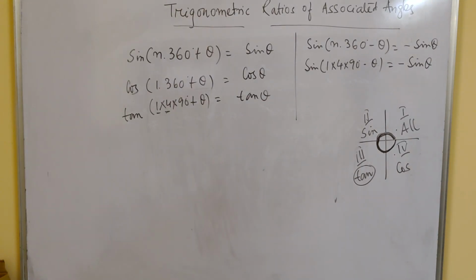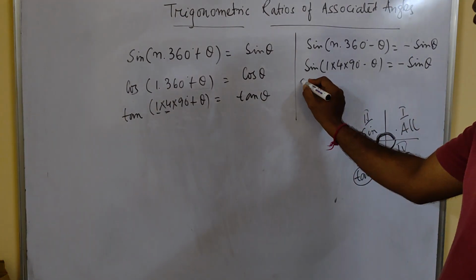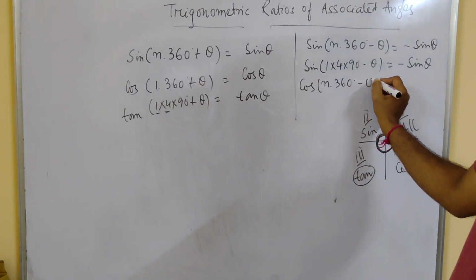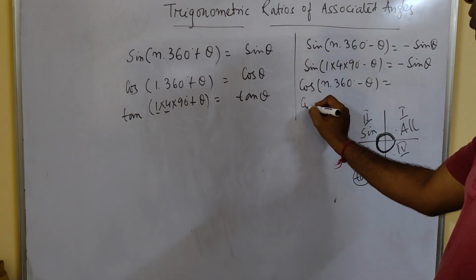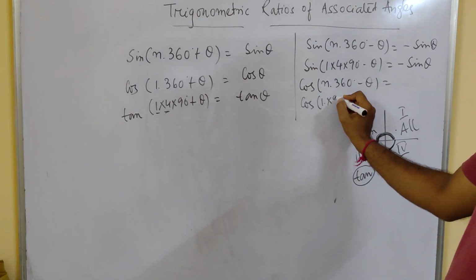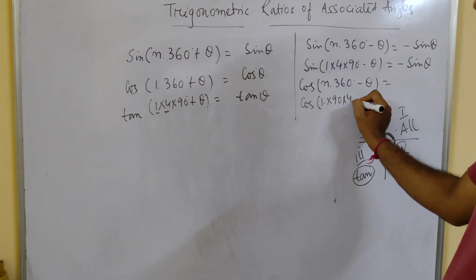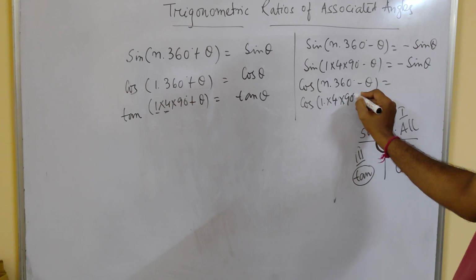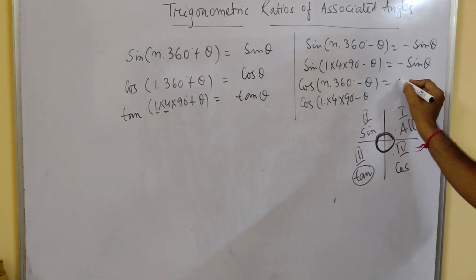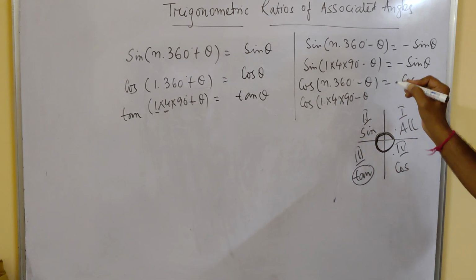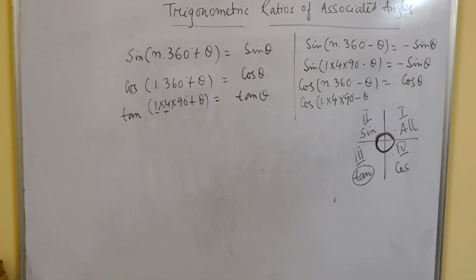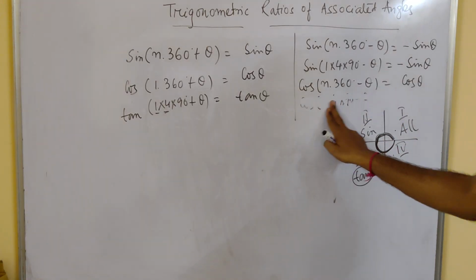Okay, and for cos of n into 360 minus theta, we may write cos of 4 into 90 degree, and so it is an even number, so it remains cos, and it lies in the fourth quadrant, therefore it is plus cos theta.